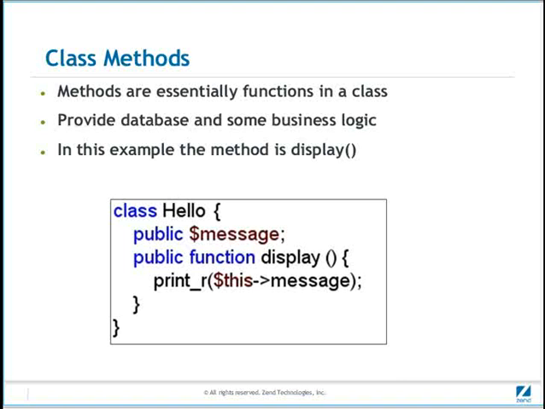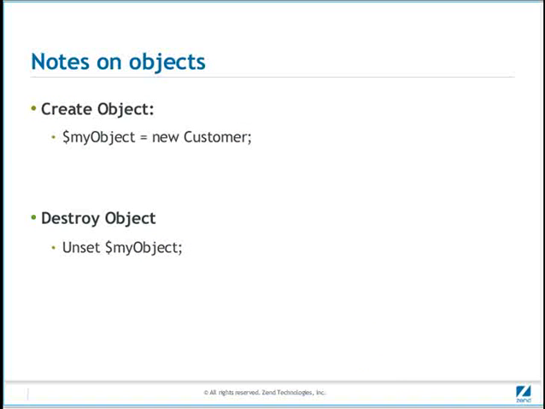So there's our method. Now, when we're creating the object, we did that very, very straightforward. $myObject equals new customer. There's an example. To destroy the object, sometimes people want to get rid of the object. Certainly, you can let the PHP script end, and that will remove the object from the system. But the other thing you can do is you can actually use the unset function.